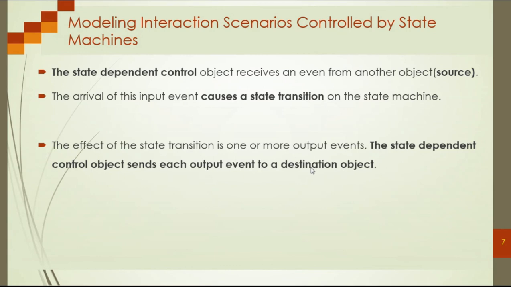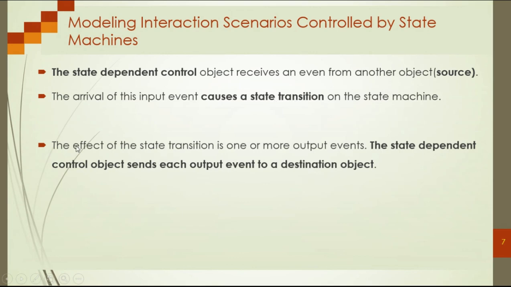So again, as we say, we have two parts. The first part is the interaction model or state dependent interaction model. The second is the state chart or the state machine. So first, the state dependent control object receives an event from another object, and this causes a transition on the other side, which is in the state machine.